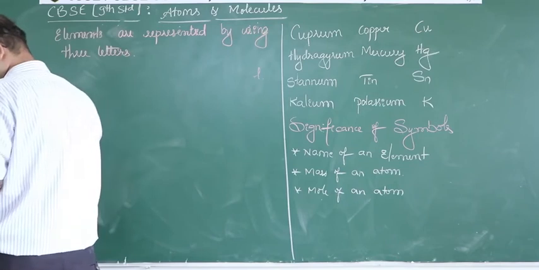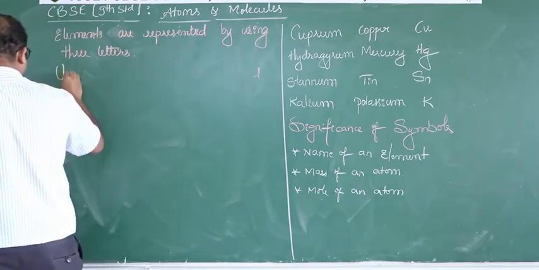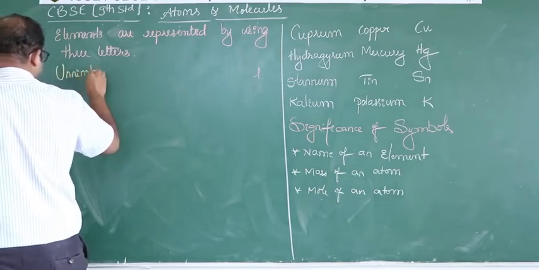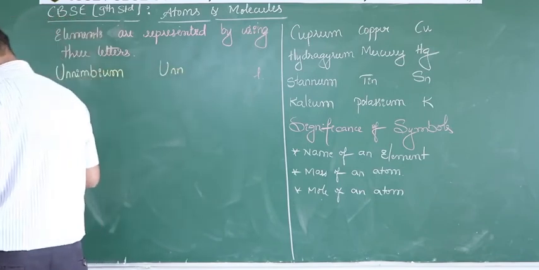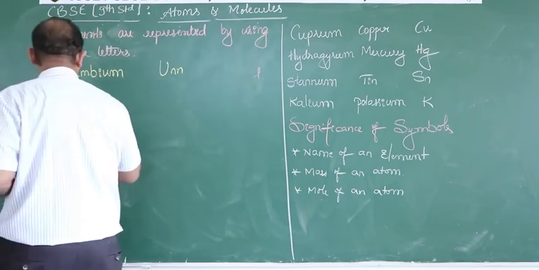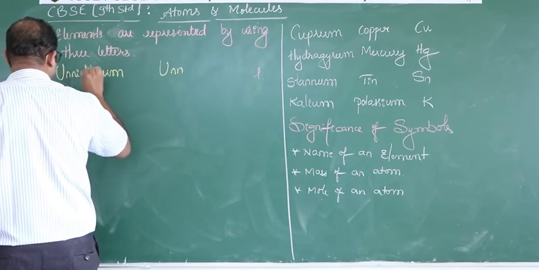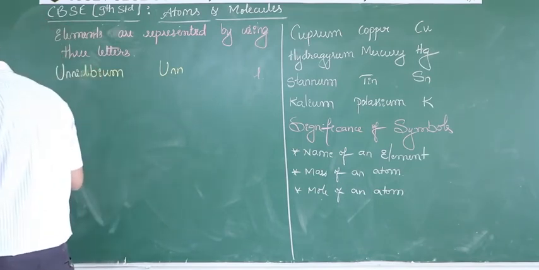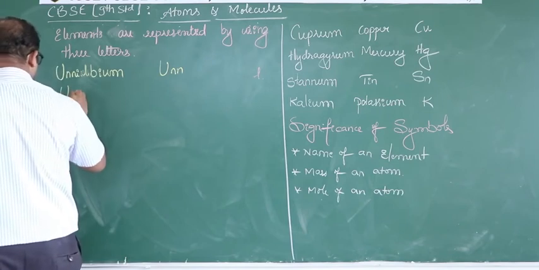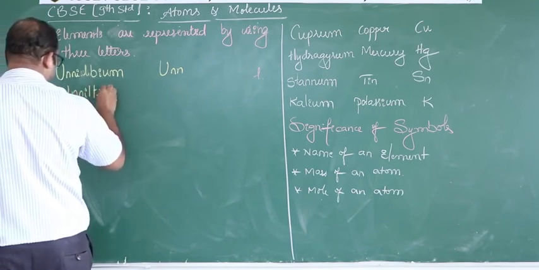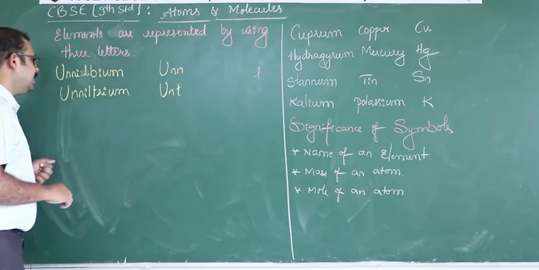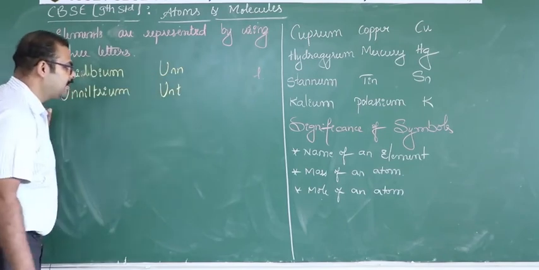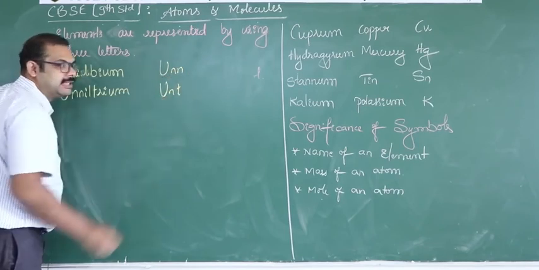Say for example, unnilbium, it is represented by Unn, and again the first letter should be capital, followed by small letters.